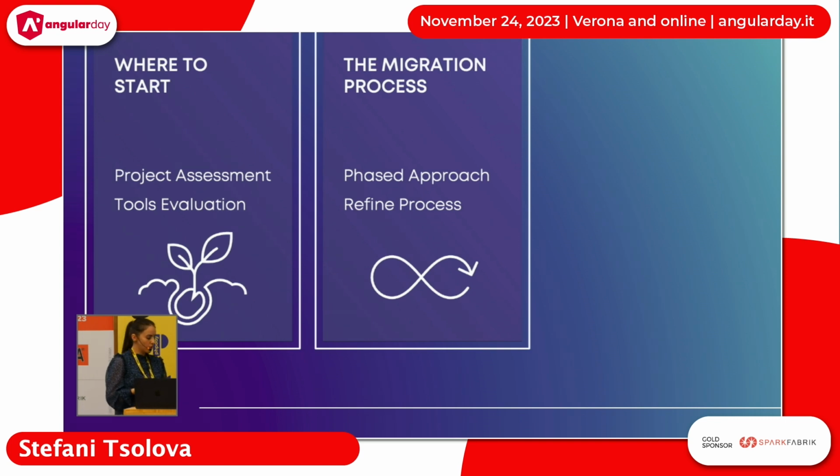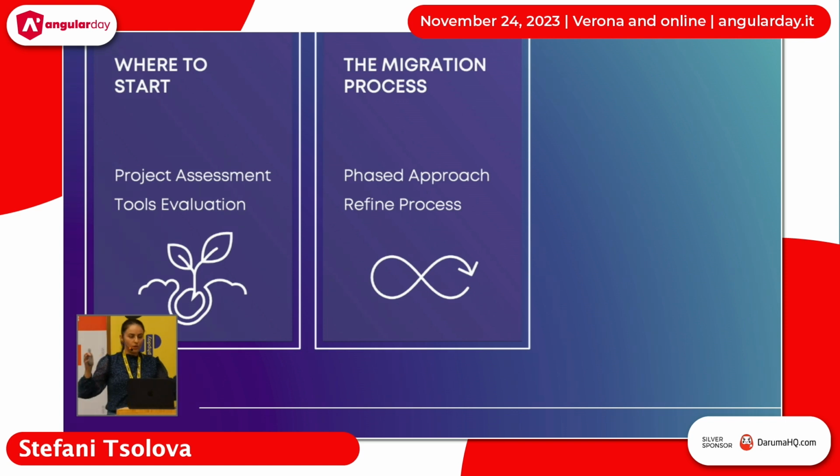After the tool was chosen and the project is assessed, I would highly recommend that, if you happen to do that, you adopt a phased approach, because that will allow you to really refine the process. And by that I mean, first take one of the projects and migrate it, see how it behaves, how it works, then take the next one, see how it interacts with the other one.